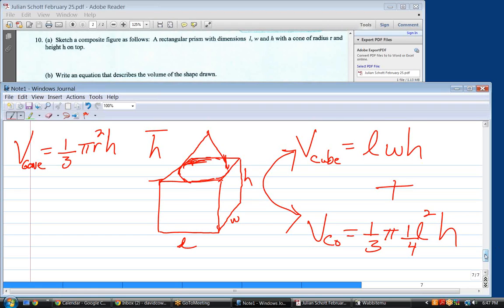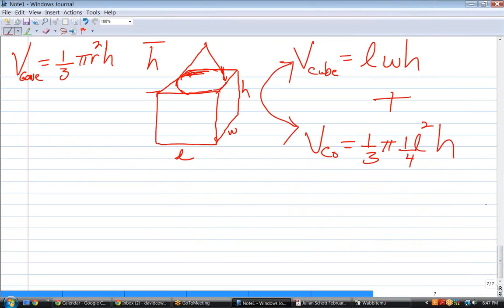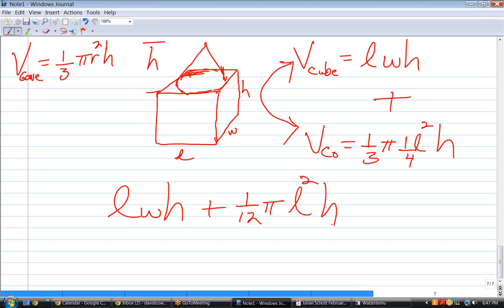So let's just do it just for the heck of it. Let me show you what I'm talking about. Here's what we got. LWH plus 1/3 pi 1/4 times 1/3 is 1/12. We'll just make that 1/12 L squared h. Well, notice that I can factor out an L times h.